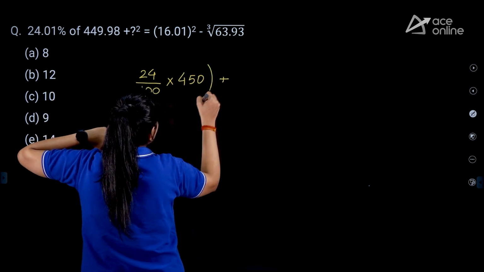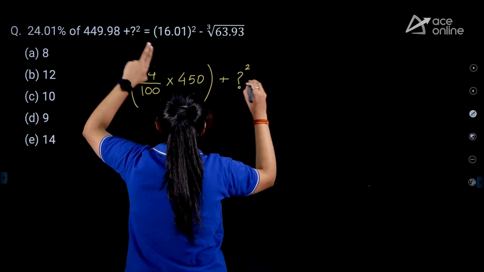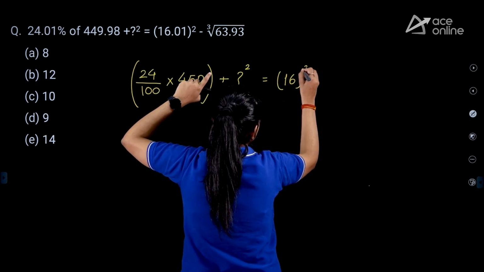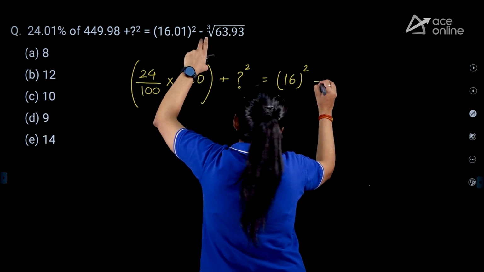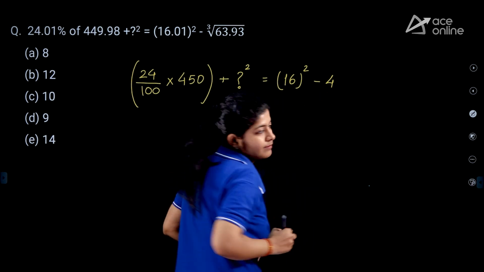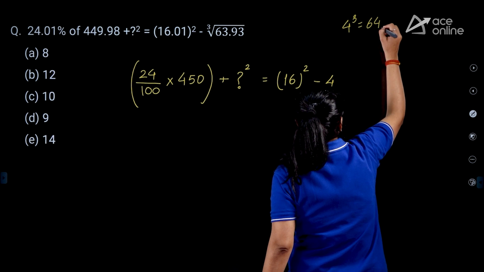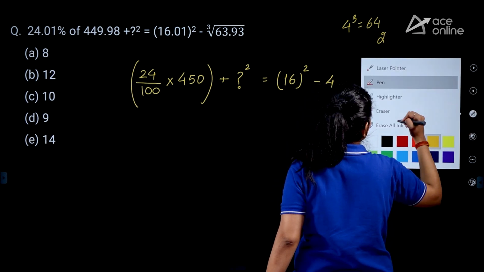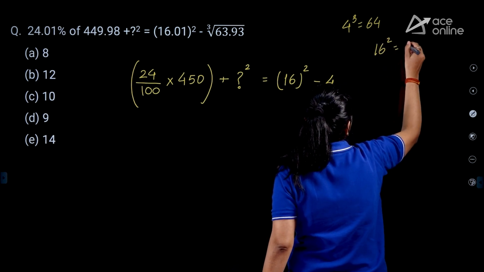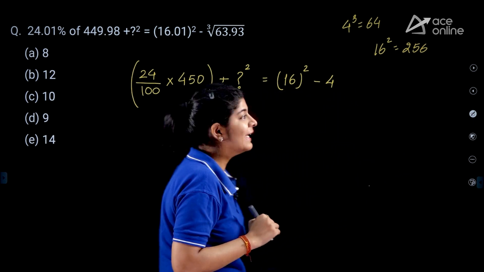Plus, here I am having a question mark and there's a square on that, that is equal to 16 square, that is nothing but 256, minus 64, and the cube root of 64 is nothing but 4. Right? Because I know that 4 cube is nothing but 64, and the square of 16 is nothing but 256.